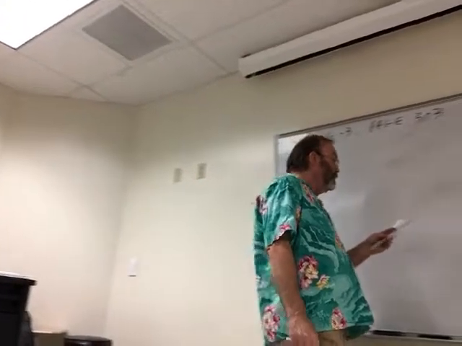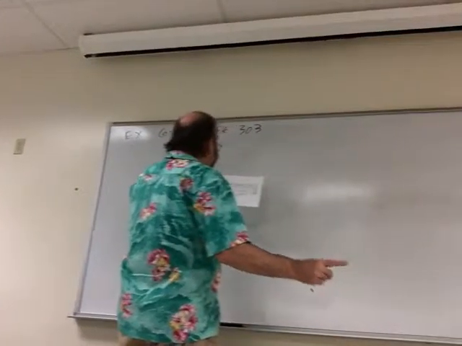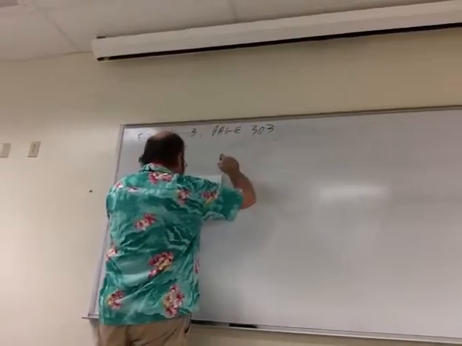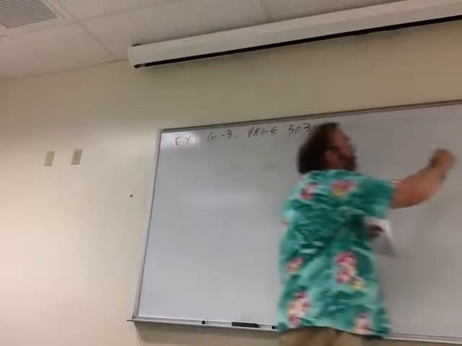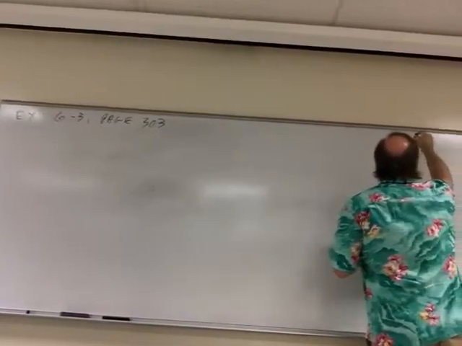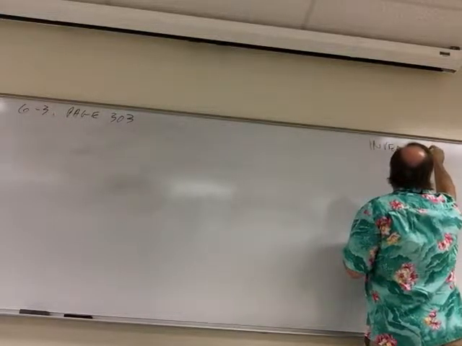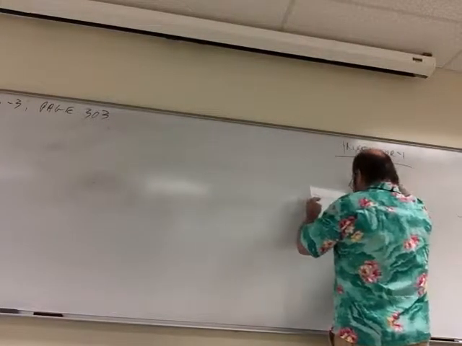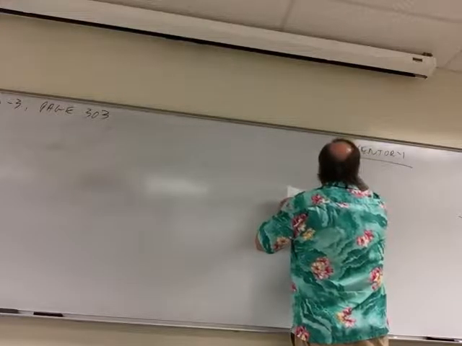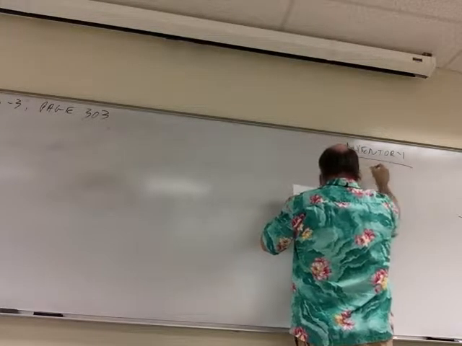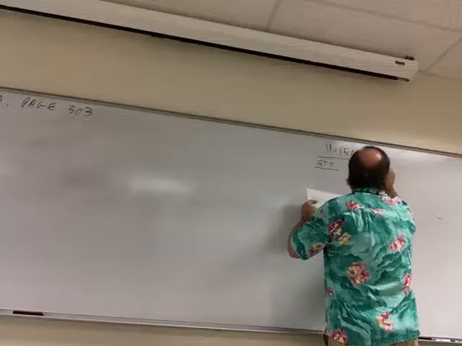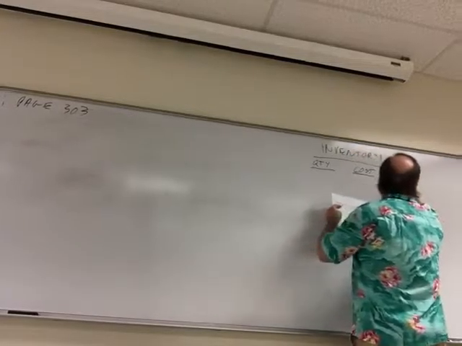All right? So, under a perpetual system, we're going to start over here. Here's our inventory. So we have quantity, cost, and total.